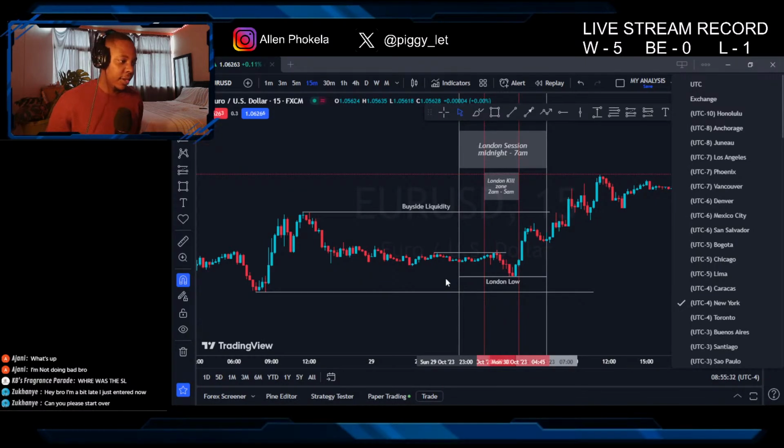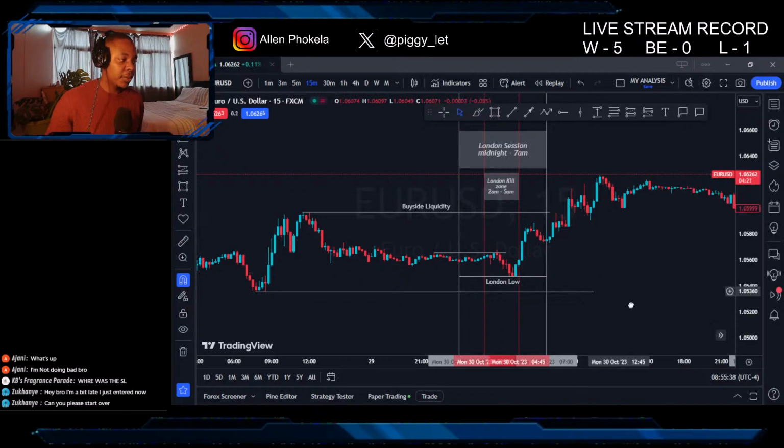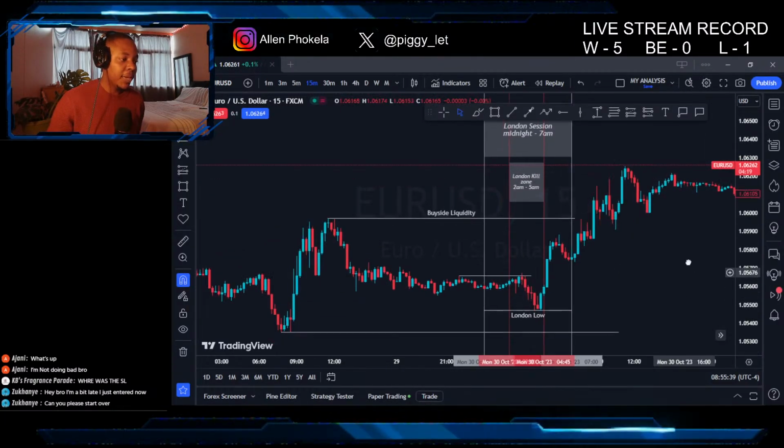So always make sure that you have your New York time zone set on your MetaTrader, so you don't get mixed up with the time.